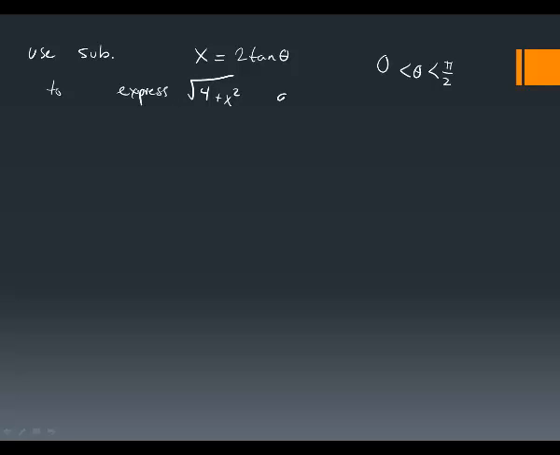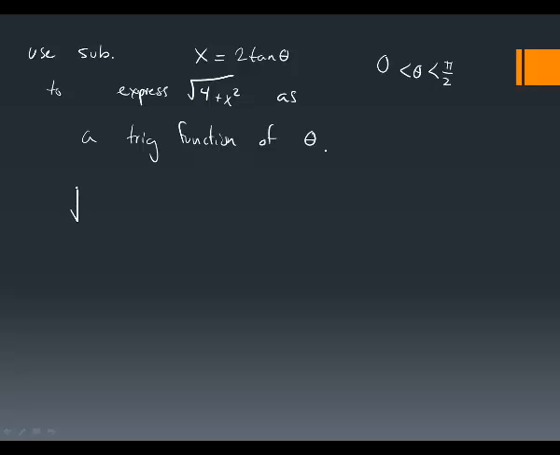In calculus it's called use substitution, but we're going to go ahead and say use substitution that x equals 2 tangent theta, where 0 is less than theta, which is less than pi over 2, to express that square root 4 plus x squared as a trig function of theta. It seems kind of silly to do, but whatever.